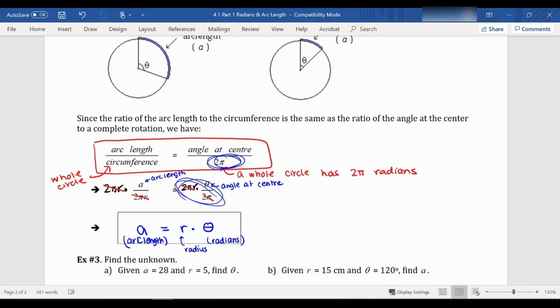So our formula would end up being a bit different. It would be similar, but a lot messier. So for us, if we're using this nice simple A equals theta times R formula, our theta needs to be in radians.